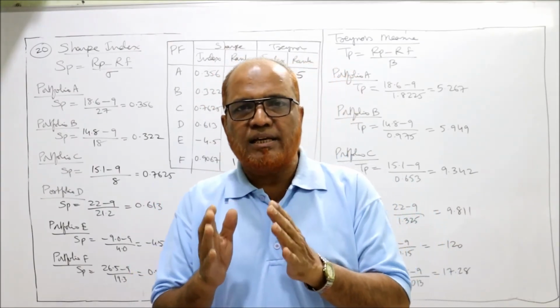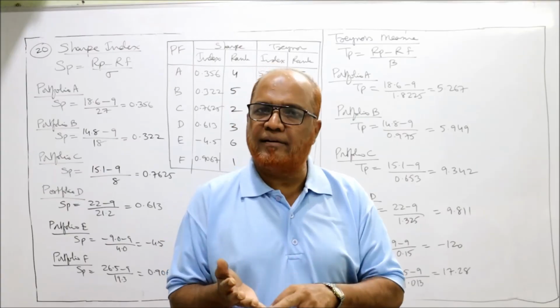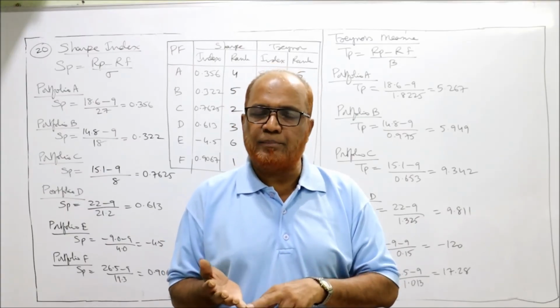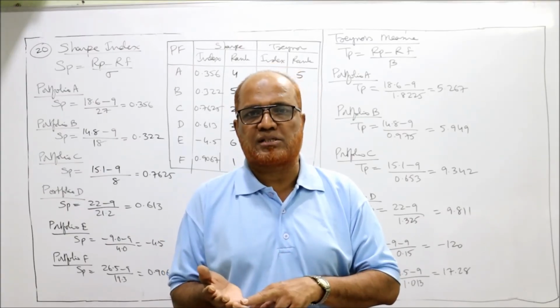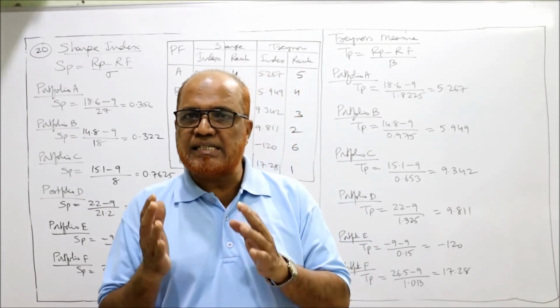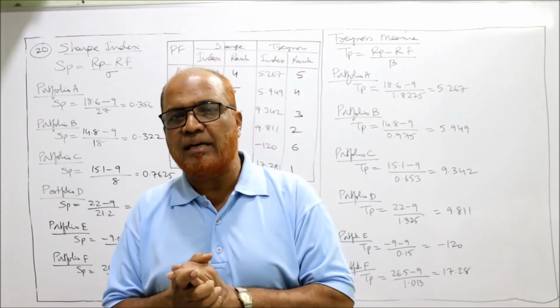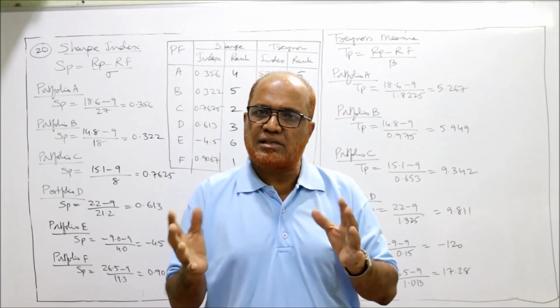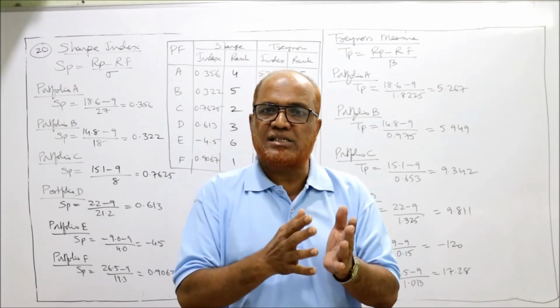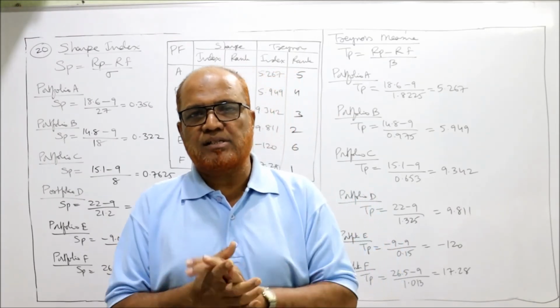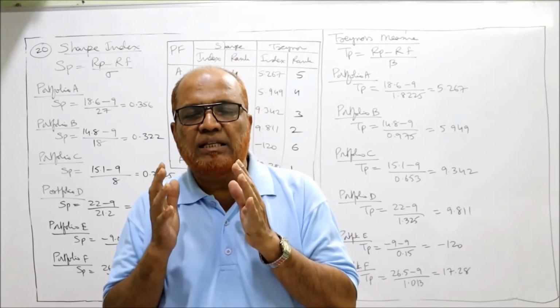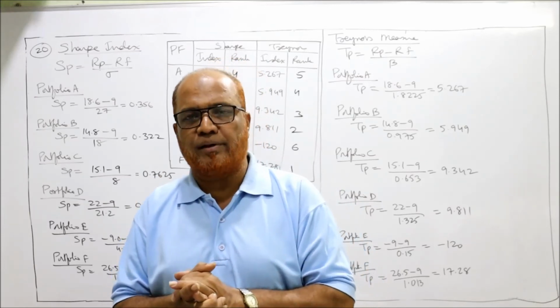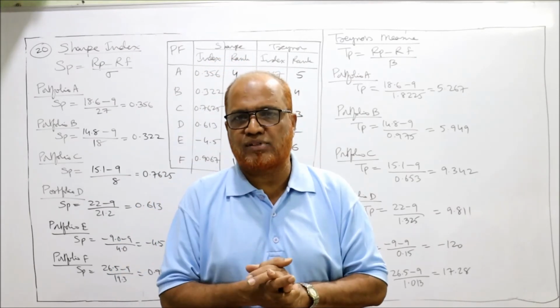So in the first unit, we have covered the investment introduction, meaning of investment, types of investment, investment process, and what are the factors to be considered while making the investment. Then we have discussed differences between investment and speculation. Then we have discussed how to calculate the return and risk of securities, covariance and correlation of securities.